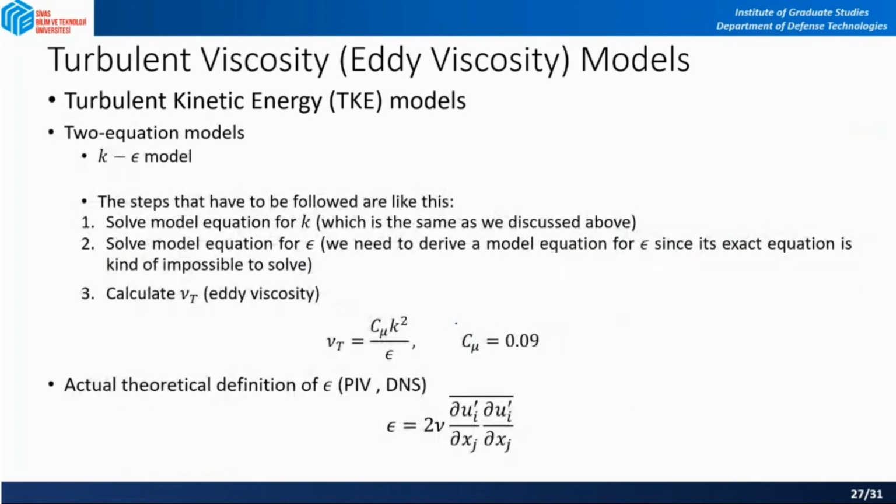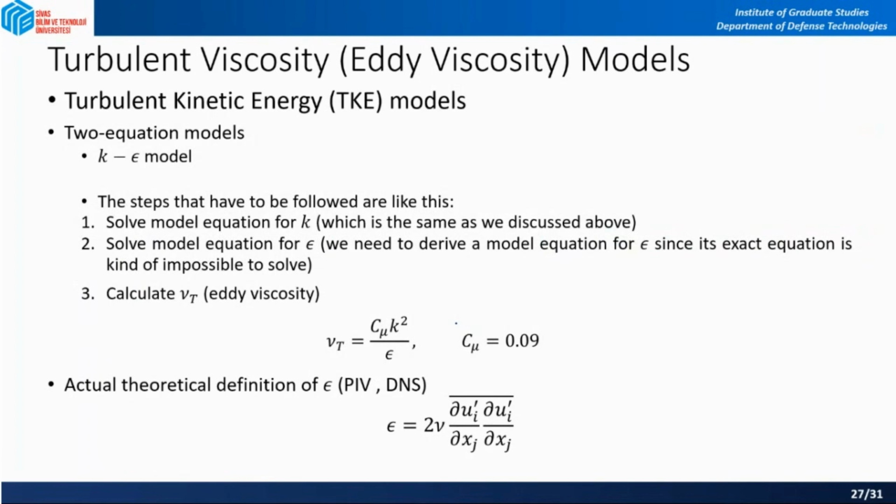So the steps that have to be followed are like this. You first solve the model equation for K, which we saw above. Then you solve the model equation for epsilon. You need to derive a model equation for epsilon since its exact equation is practically impossible to solve.